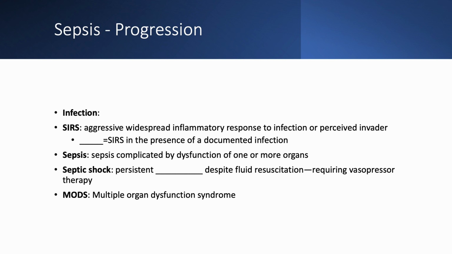It is complicated by dysfunction of one or more organs, and then septic shock is characterized by persistent hypotension despite fluid resuscitation, requiring vasopressor therapy to maintain blood pressure. MODS, or multiple organ dysfunction syndrome, is the failure of two or more organ systems, often a critical and life threatening stage.